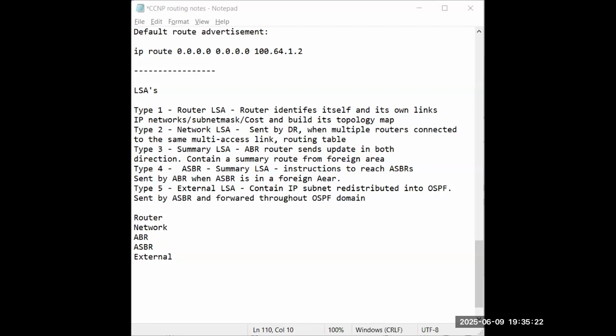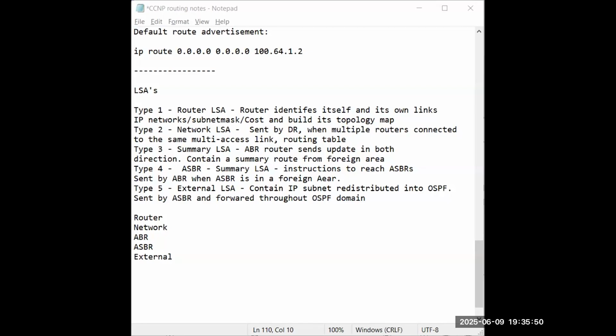And type 5 actually contains the IP subnets of the redistributed networks. So what are the IP networks behind the ASBR? The actual networks connected behind the ASBR. It could be an EIGRP network, or a RIP or a static route, any network behind the ASBR that will be redistributed into OSPF.